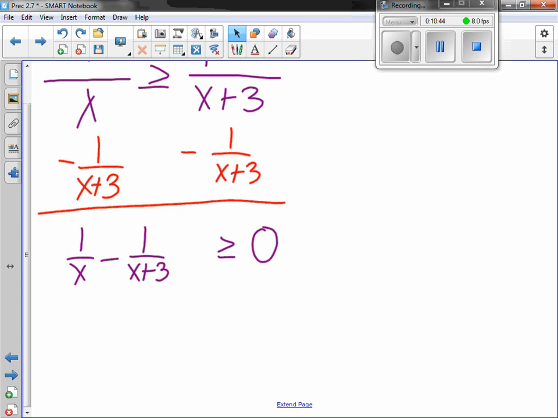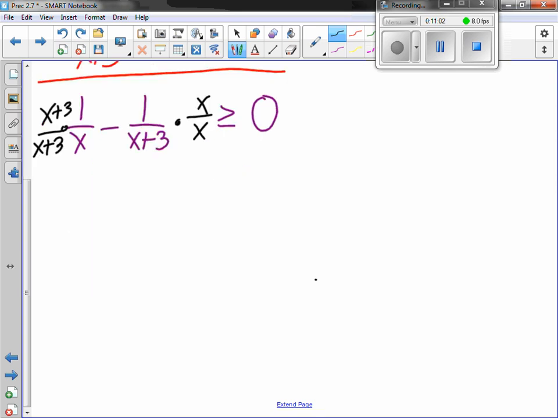Now I want one term. So if I want one term, I need the denominators to be the same. So this one here, I'm going to multiply it by x over x. Here I'm going to multiply both sides by x plus 3 over x plus 3. Now for most, we would say, okay, we're going to multiply the denominators together.